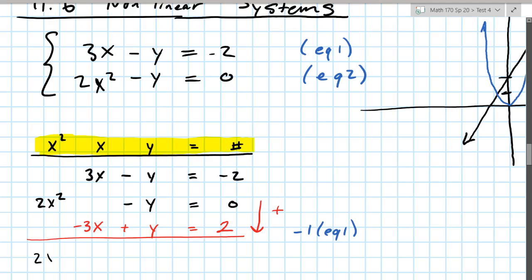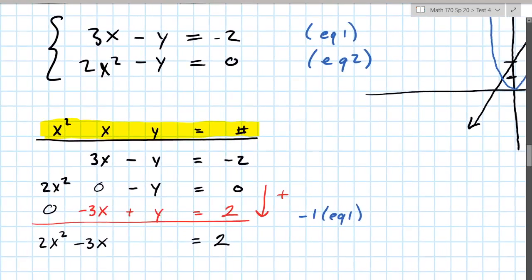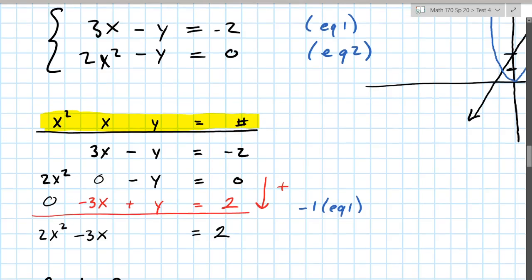The 2x squared carries down, minus 3x carries down because there's nothing here, and nothing here. Negative y and positive y cancel out, and 0 and 2 give me 2. So what we have now is a quadratic with x squareds, x's, and numbers.